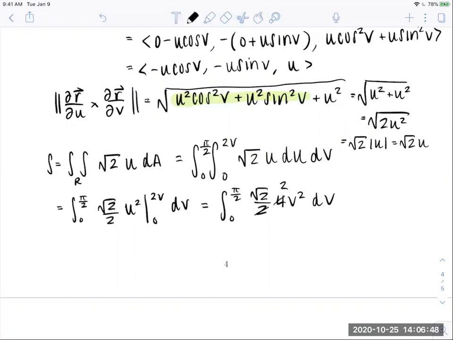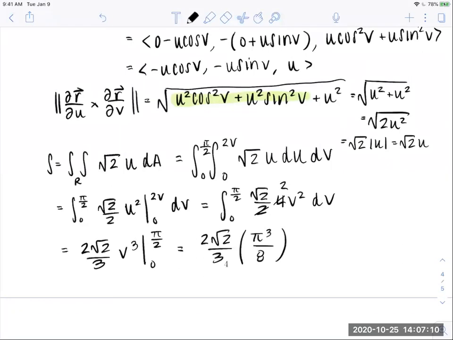Cancel a 2 on top and bottom, and then of course integrate with respect to v. This gives me 2 root 2 over 3 v cubed from 0 to pi halves, which is 2 root 2 over 3 times pi cubed over 8. And so I can cancel a 2 on top and bottom. And my final answer is the square root of 2 pi cubed over 12.